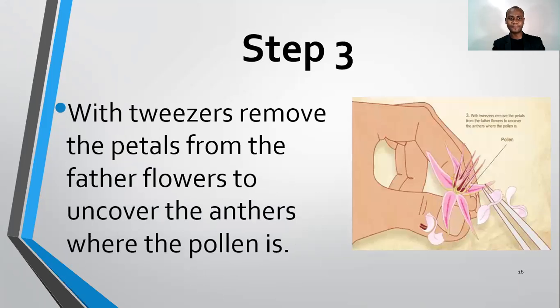Now step number three, with tweezers you remove the petals from the father flower to uncover the anthers where the pollen is. So the petals are removed, and you see here now the pollen is exposed on the anther.